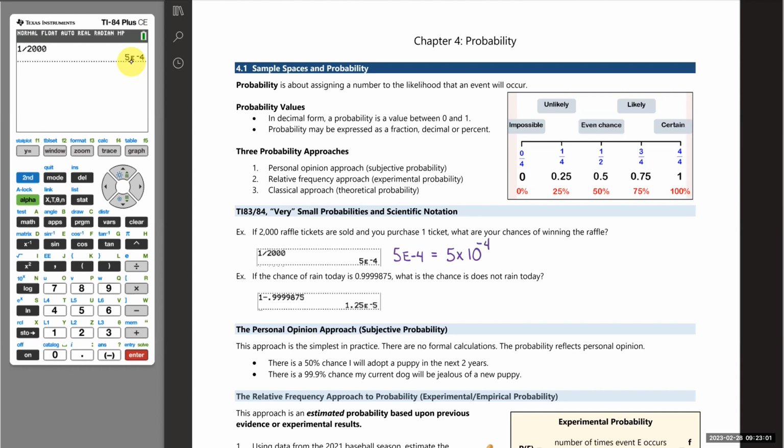So that E means that the exponent on the 10 is that value, which is -4. When we have a multiplication by 10 to a power, that exponent tells you what you're going to do with the decimal point. I'm just going to draw a little red one there. So there's my decimal point now. That -4 means that you're going to move that decimal to the left 4 places. So that's what that means.